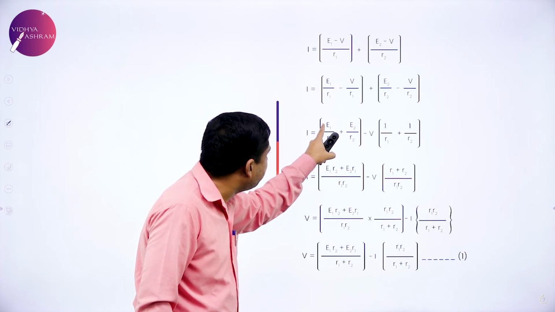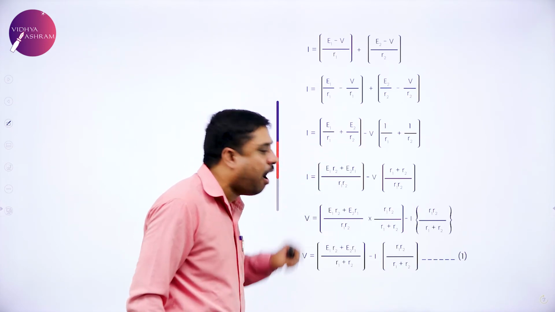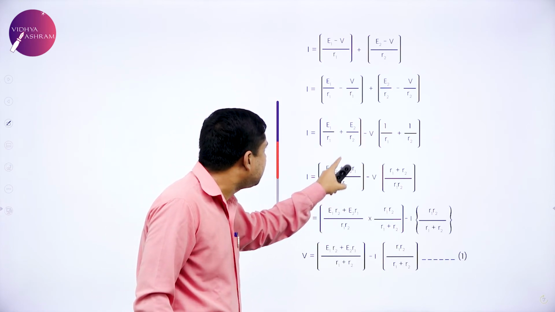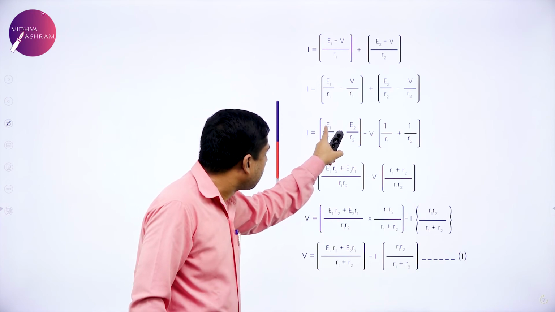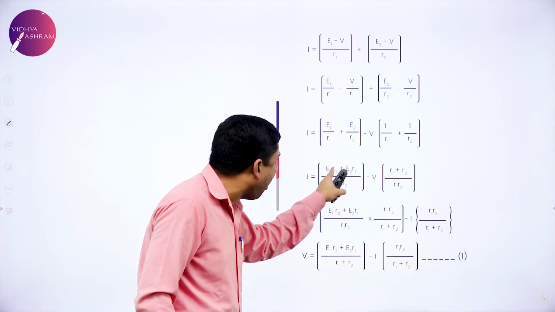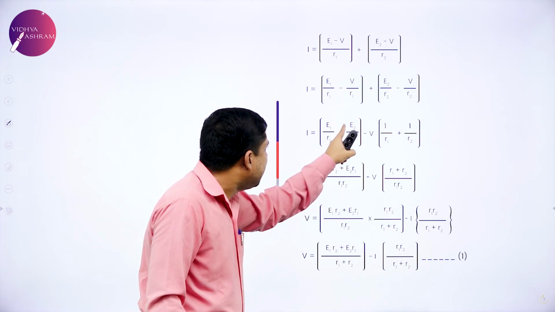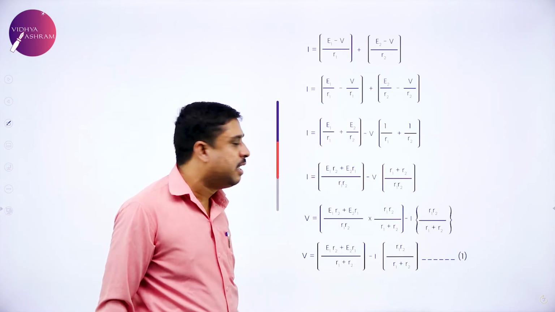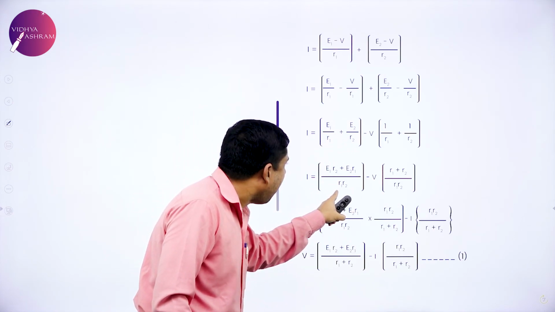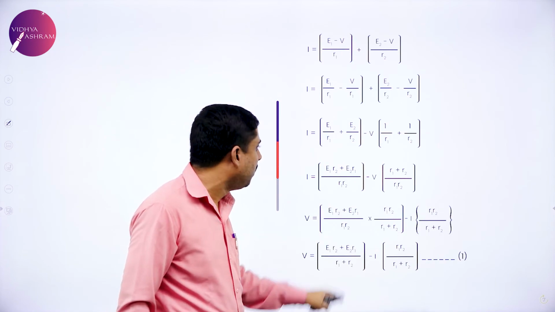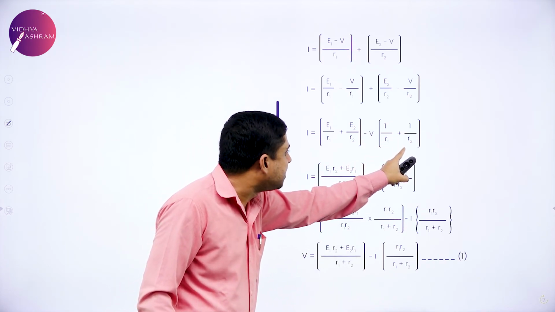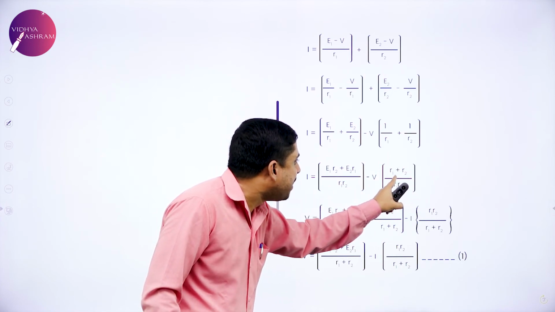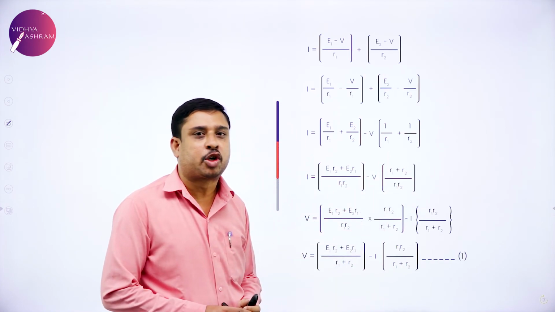Taking LCM, E1 R2 plus E2 R1 divided by R1 R2, minus V (R1 plus R2) divided by R1 R2.